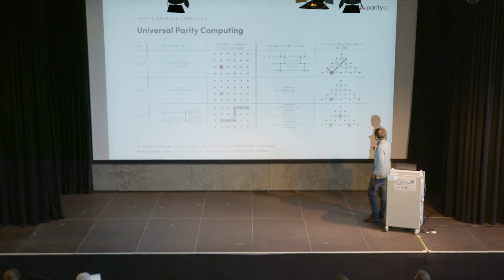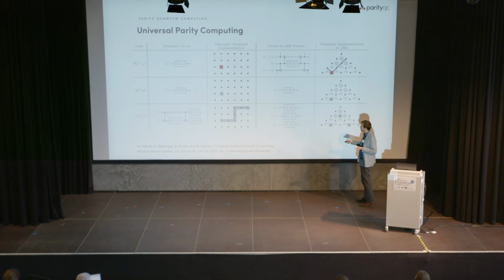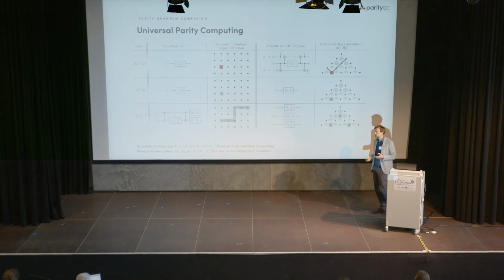And now the interesting thing is the pair interactions. The pair interactions become now single qubit operations. And so instead of putting qubits together and making a pair interaction, I can actually act with local fields or local operations on 3 qubits. And this is now something that I can also fully parallelize.